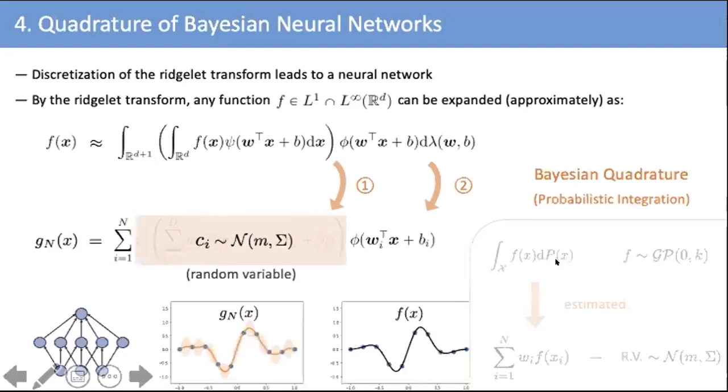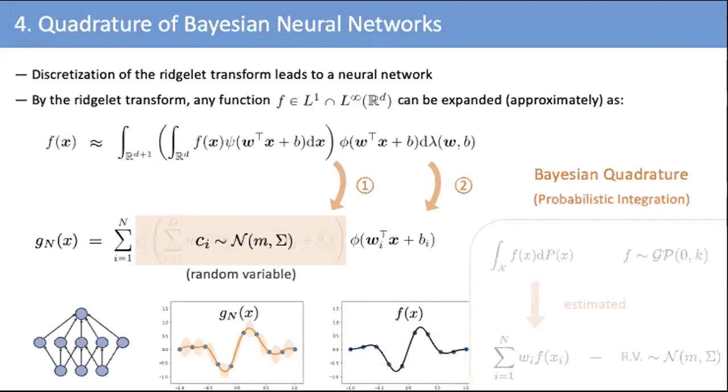For example, if we apply Bayesian quadrature to integral 1 here, the estimated value Ci becomes a random variable following a normal distribution. And since Ci corresponds to the neural network's parameter, the neural network G also turns into a Bayesian neural network rather than a deterministic standard neural network. What I mean by Bayesian neural network here is a neural network whose parameters are random variables.